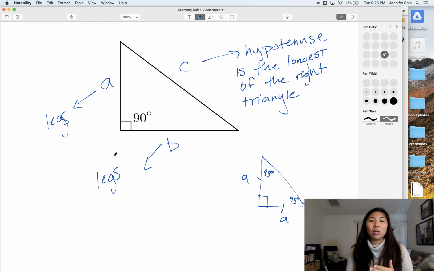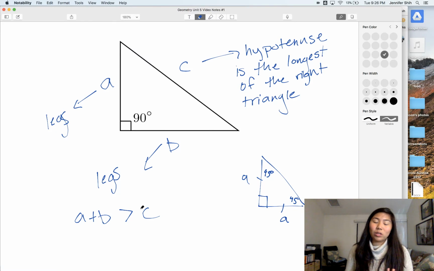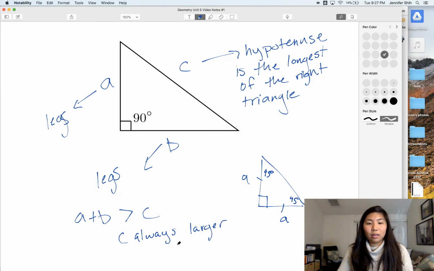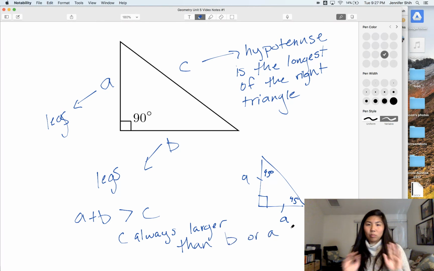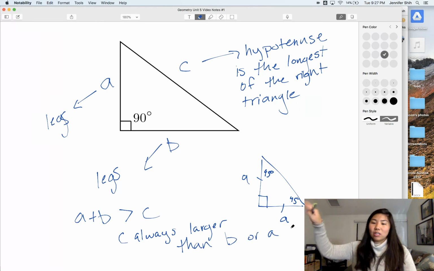A can be larger than B, or B can be larger than A, but A and B together have to be greater than C. They can't even be equal. It has to be greater than. However, C by itself is always going to be larger in length than B or A. Okay? Hypotenuse, longest side of the right triangle. First objective, done. Let's move on.